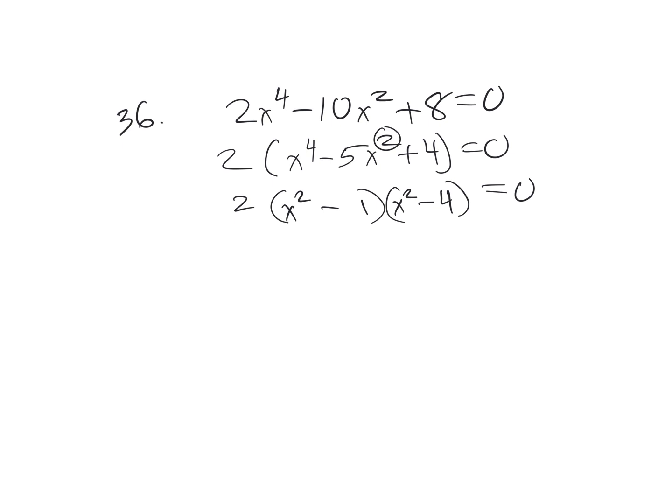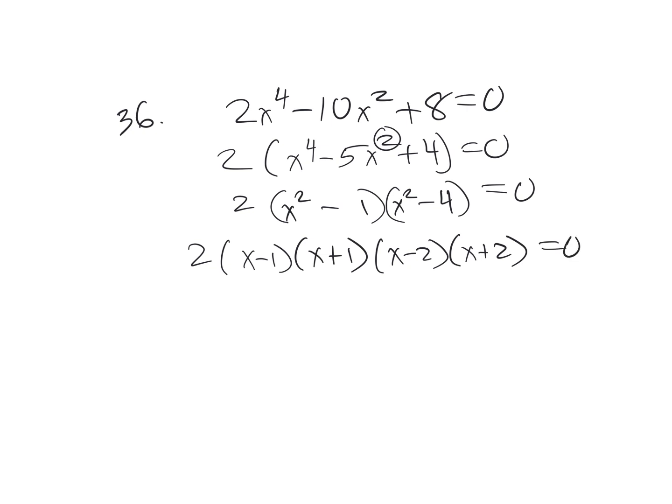And negative 1 times negative 4 gives me positive 4. And now you have the difference of squares in both of those. So this becomes x minus 1, x plus 1, and x minus 2, x plus 2 equals 0. So your answer should be 1, negative 1, 2, and negative 2.